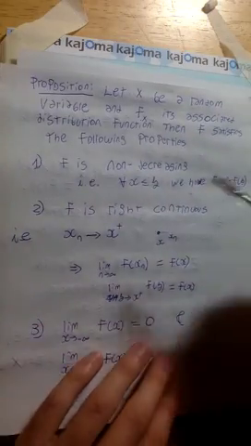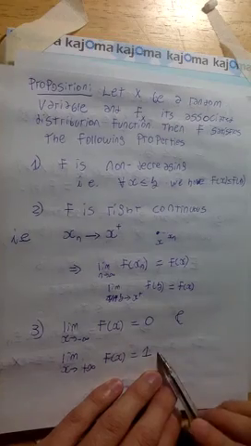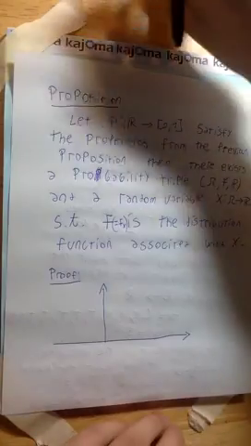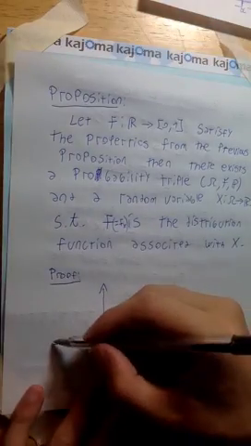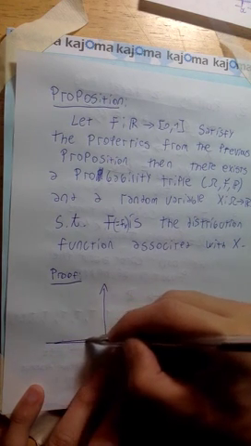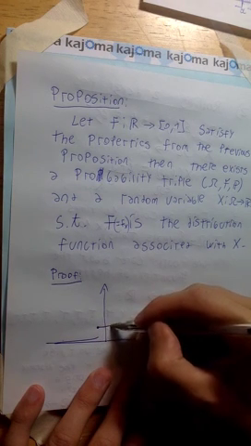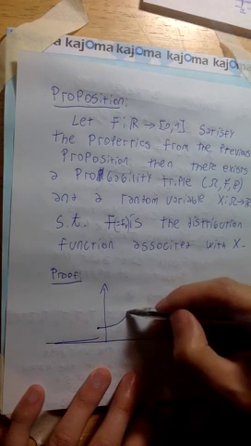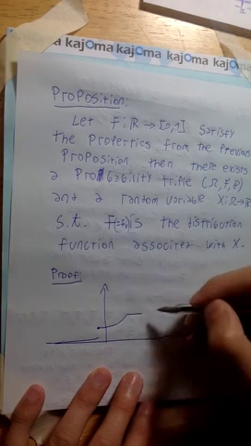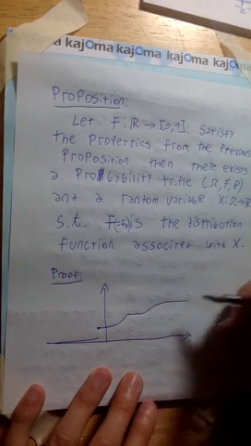So we need F to be non-decreasing, right continuous, and with values between 0 and 1. Then you would have a function that looks something like this. It could have a jump at some point. It goes up. It could be flat. And then it goes up, and in the limit, it goes to 1.